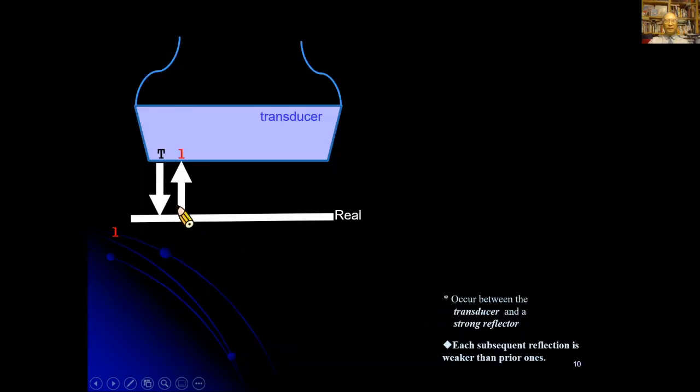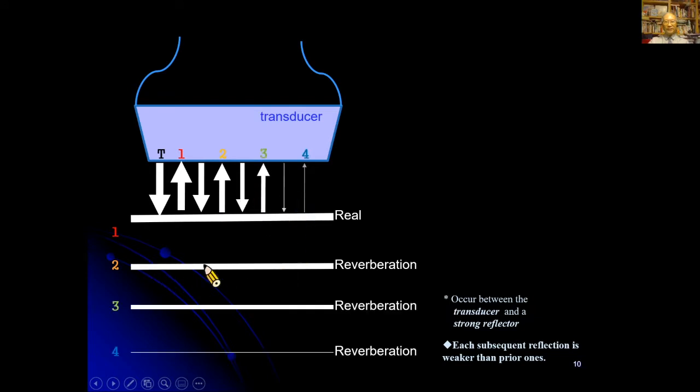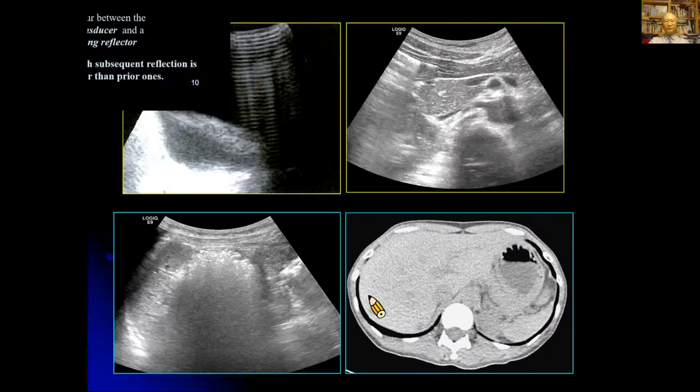So here is a typical example by schematic representation. That's a real lung because it's reflected back to the transducer, but the transducer is also a strong reflector, so it bounces back again and again, so the second, the third, the fourth, and each subsequent reflection is weaker than the prior one.